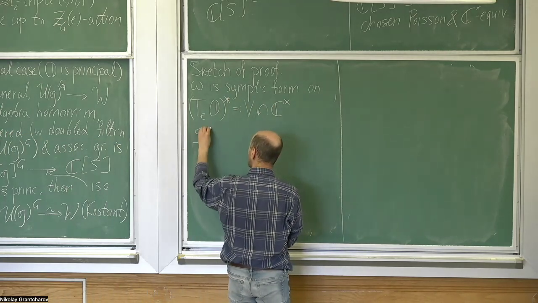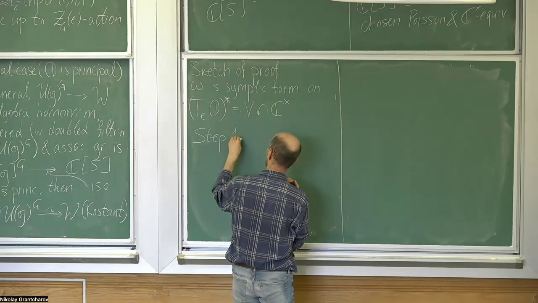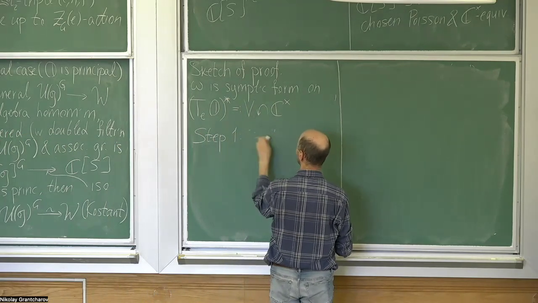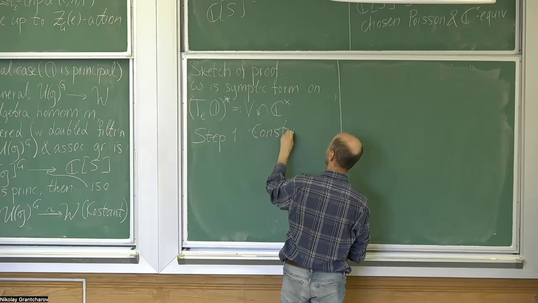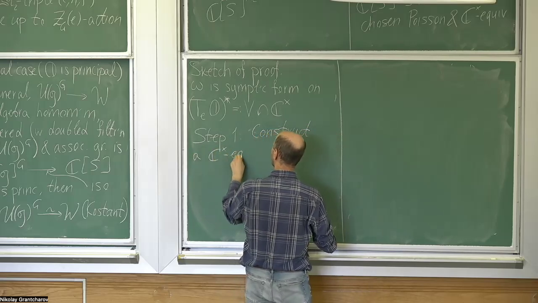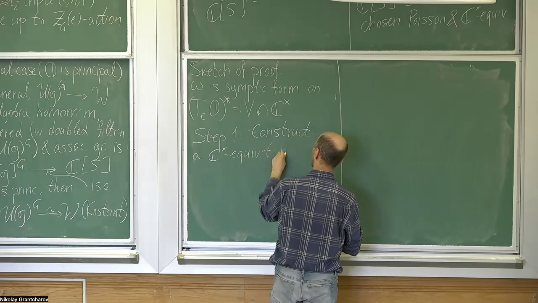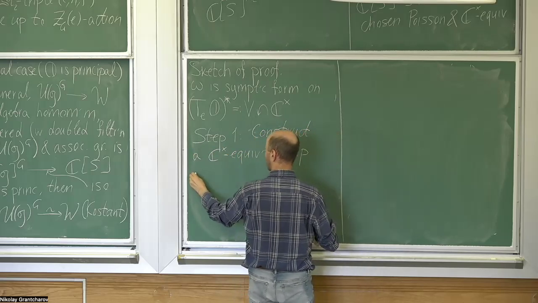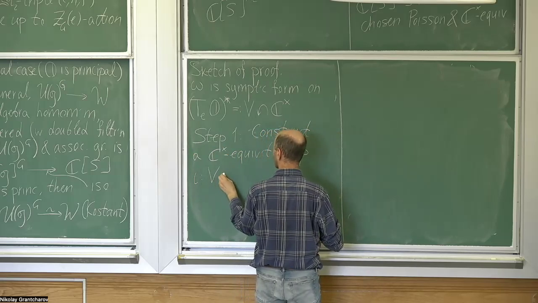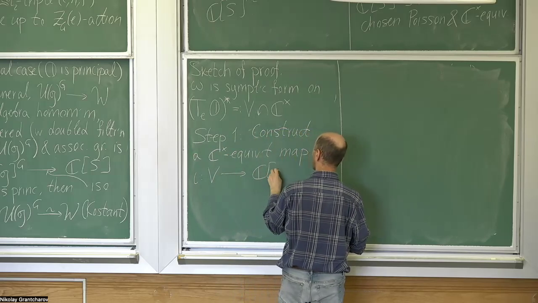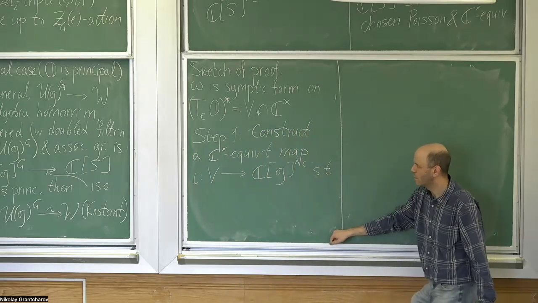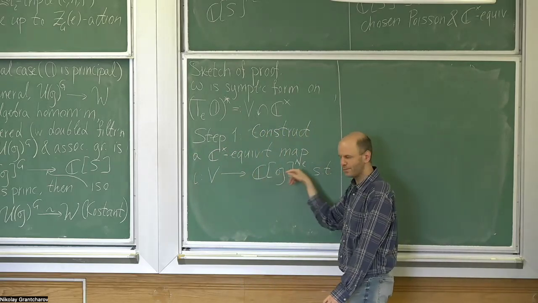And so my first step is I want to construct a C star equivariant map iota going from the space V to the completion of functions on G such that it's compatible with the Poisson brackets.